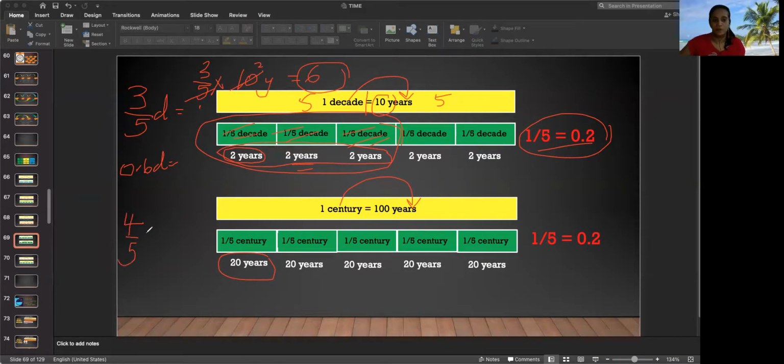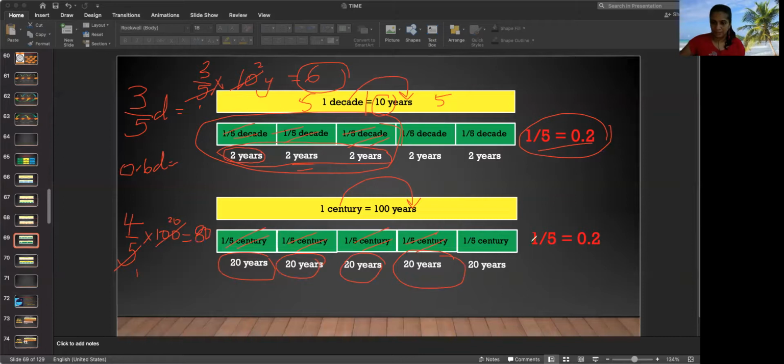What is 4/5 of a century? You take 4/5 times 100 years, cut, this would be 20, and you would have 80 years. In other words, 1/5, 2/5, 3/5, 4/5 is 20, 40, 60, 80.